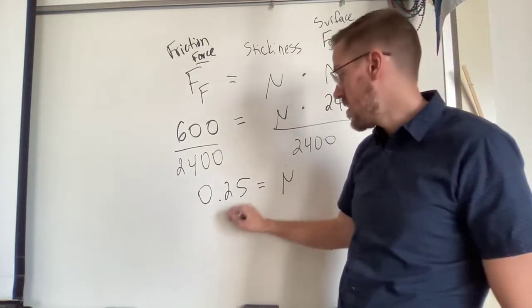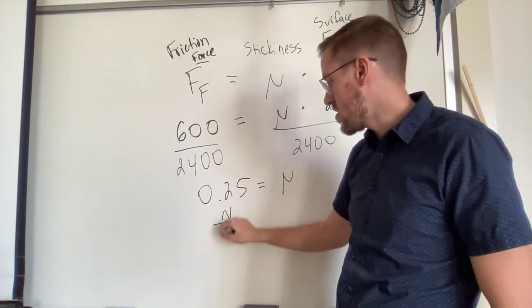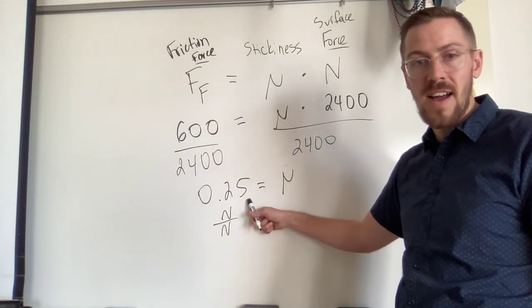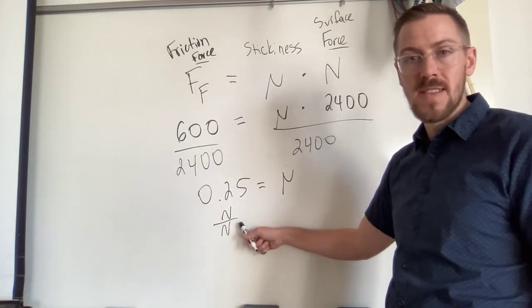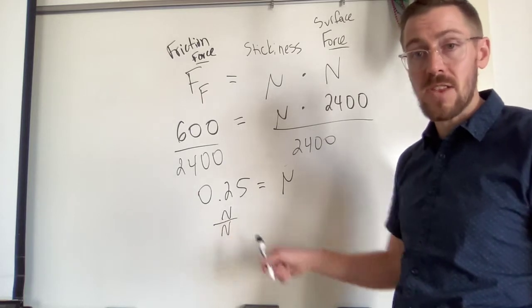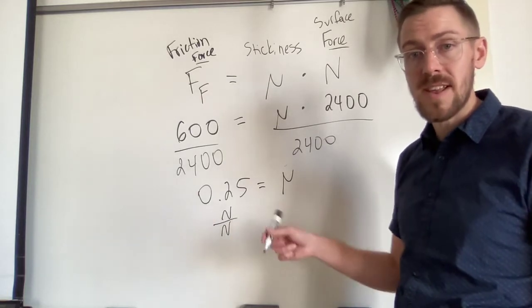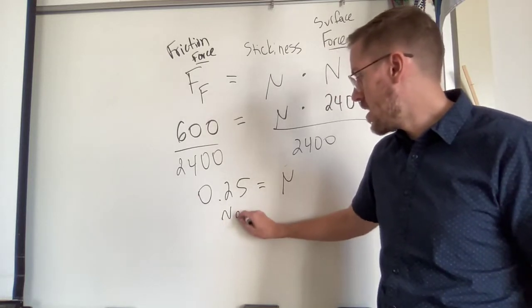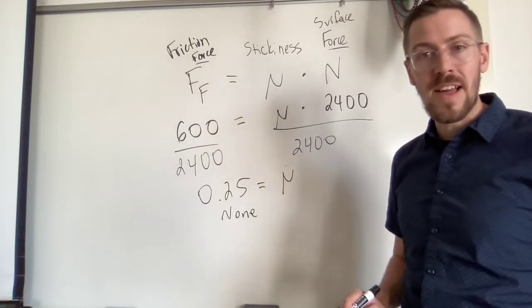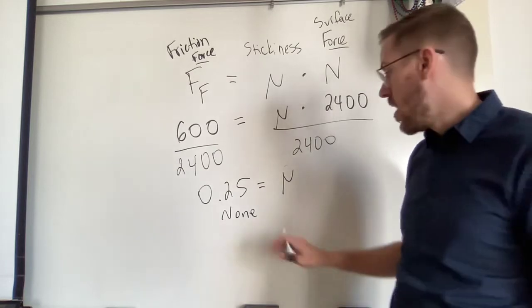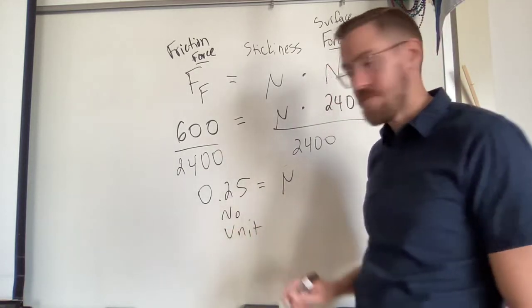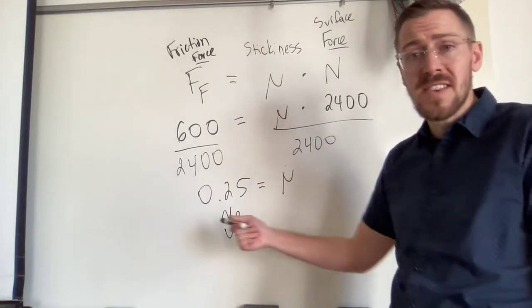And this is newtons over newtons for your unit, so that's blank 1, 0.25. Newtons divided by newtons, n over n, is your blank 2, your unit. If you just typed none in blank 2, or no unit, it would count that correct as well, because all it is is a percentage.